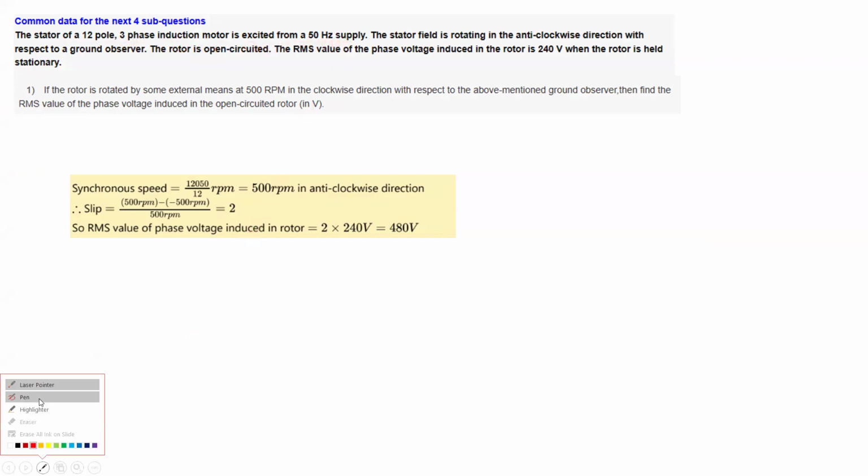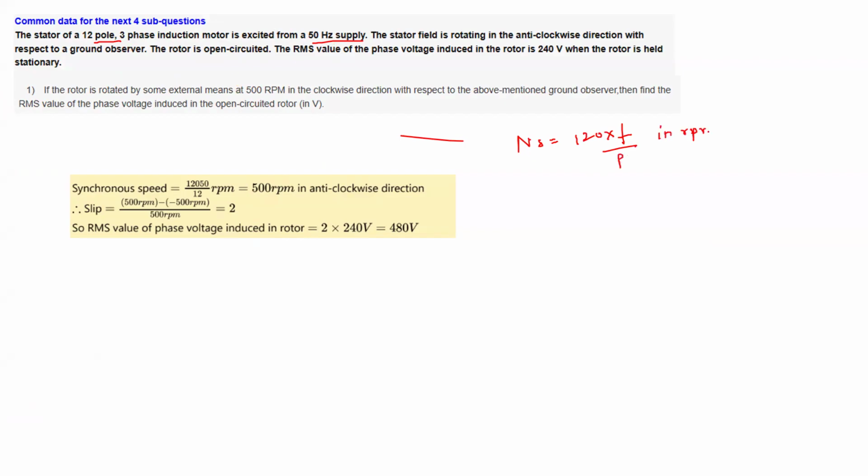From this, we know we can find ns because we have the supply frequency and the number of poles, so we can find the speed in RPM. It is 120 f by p in RPM, or 2f by p in rps.